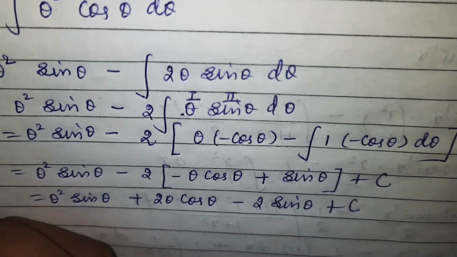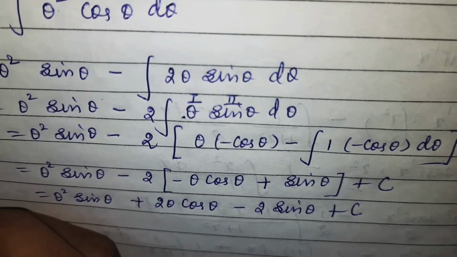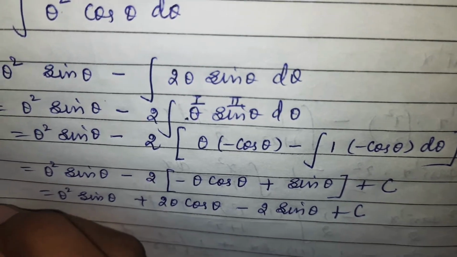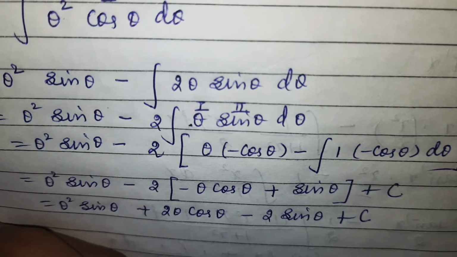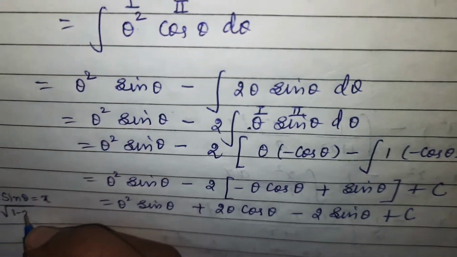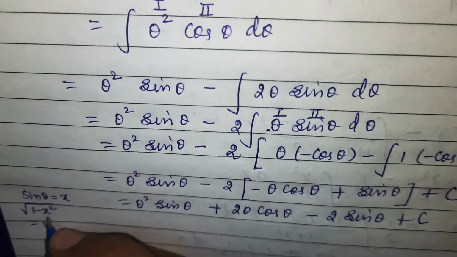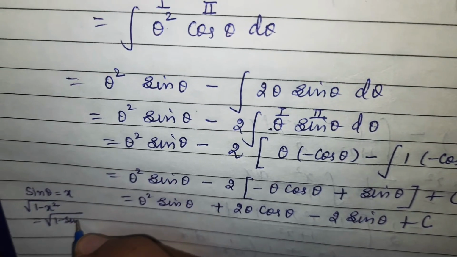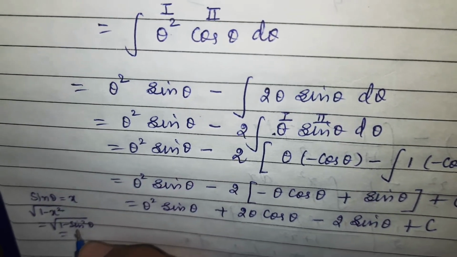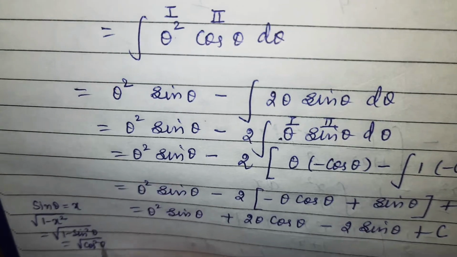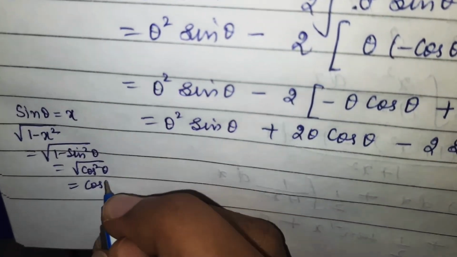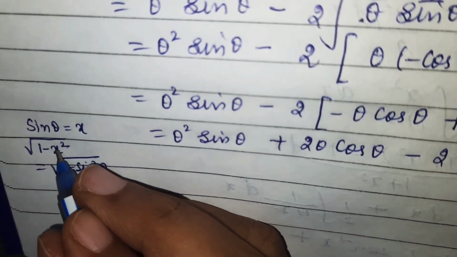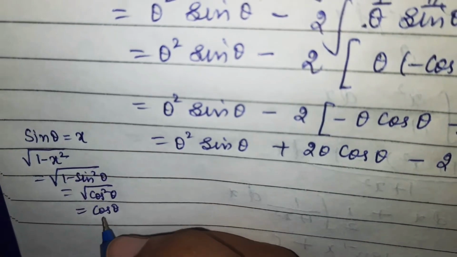Now see, if sine theta is x, then what is 1 minus x square? 1 minus sine square theta will give you cos square theta, and under root will become cos theta. So the value of under root 1 minus x square can be written as cos theta.